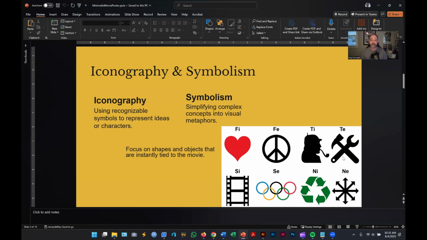Focus on shapes and objects that are instantly tied to the movie, for example. A heart is love, peace, probably wartime, detective. This is going to be probably building things. We know this means cinematography. This is the Olympics. This is recycling. This is like a compass. Oh, the name just escaped me.